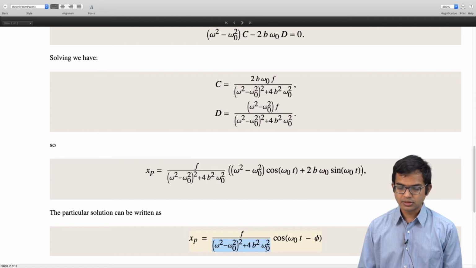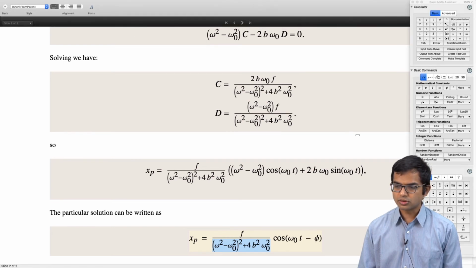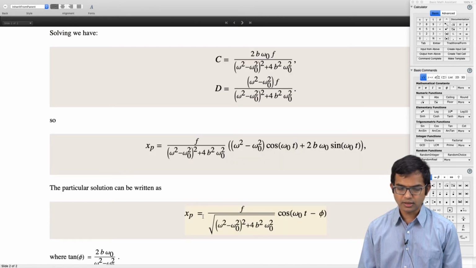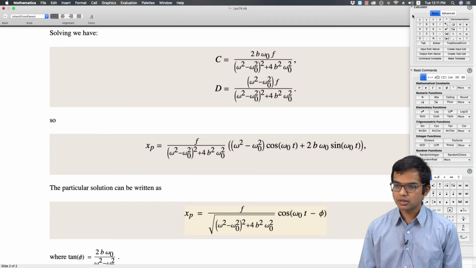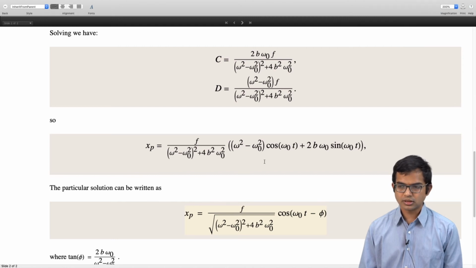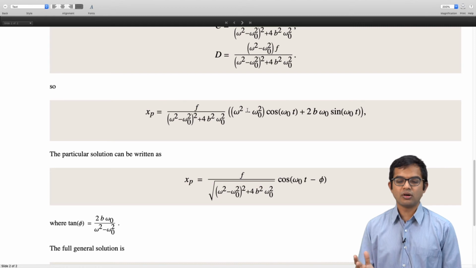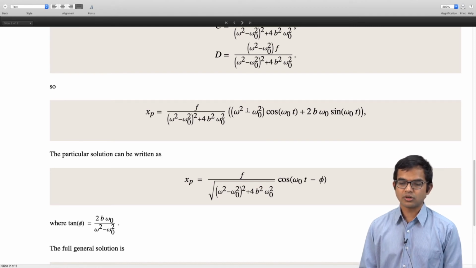So f divided by the square root of this quantity times cosine of omega naught t minus phi, where you observe that you have something like cosine of omega naught t cos phi plus sine omega naught t sin phi, right?